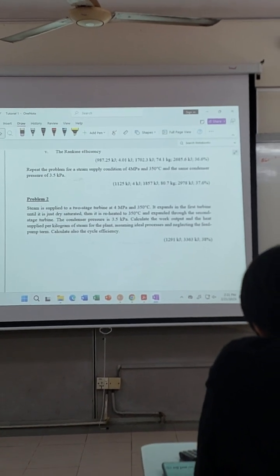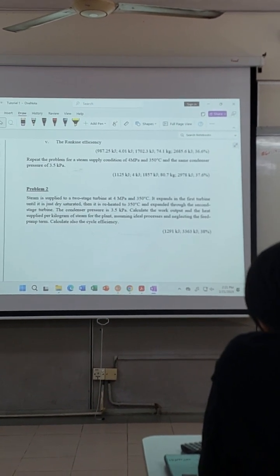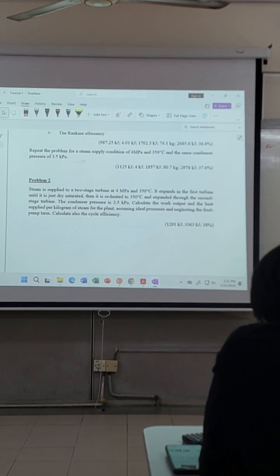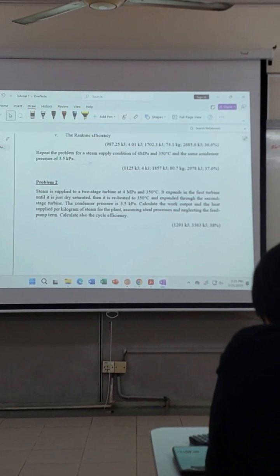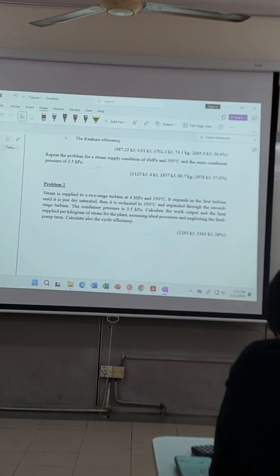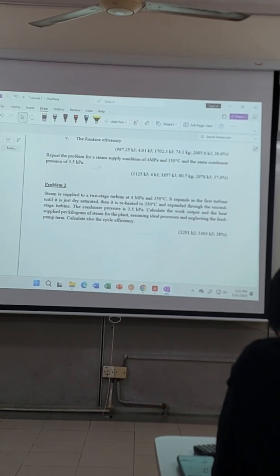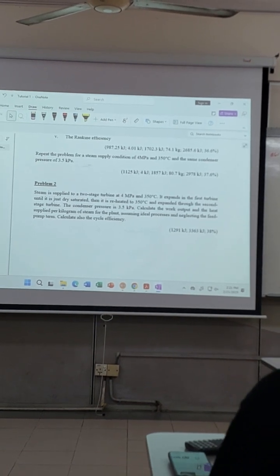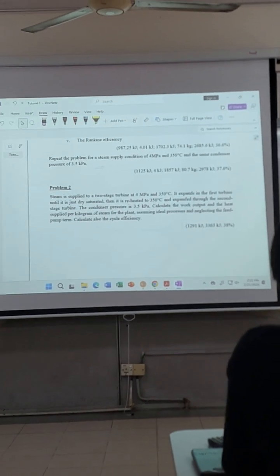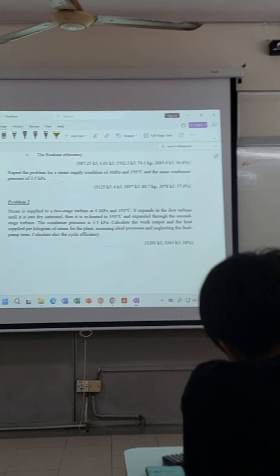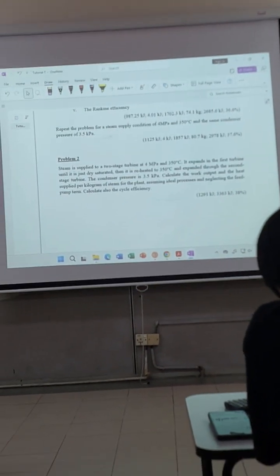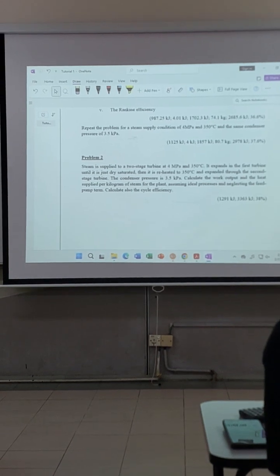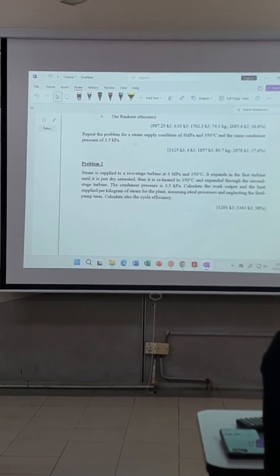It expands in the first turbine until it is dry saturated, and then it is reheated to 350 degrees Celsius and expanded through the second steam turbine. So this is actually a reheat question, just with two turbines here. The condenser pressure is 3.5 kilopascal, actually the same as the previous one.